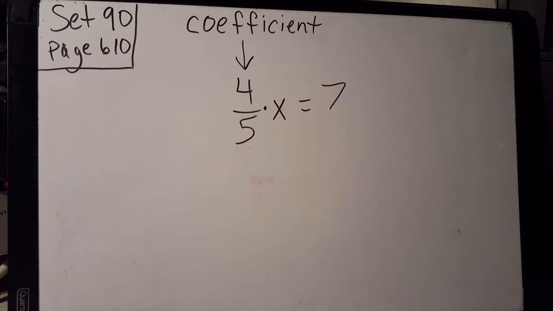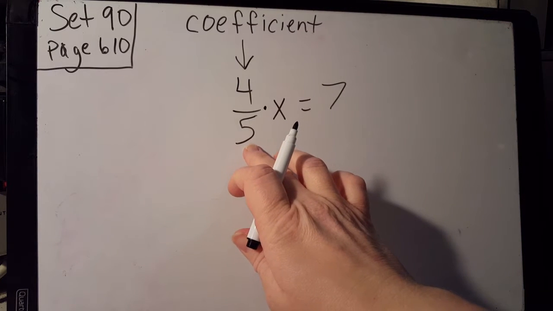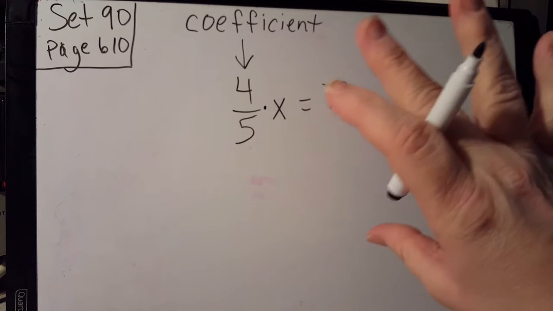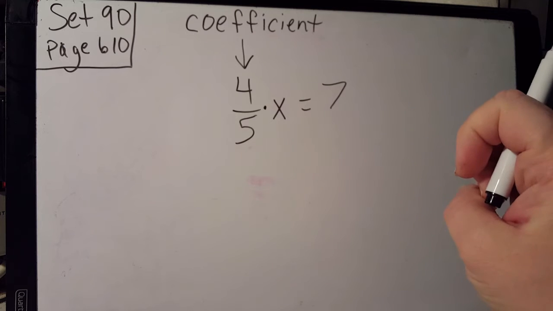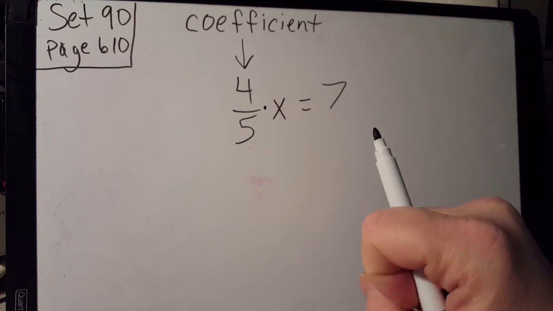And the way we work these problems is we find the reciprocal of the coefficient. The reciprocal means when you flip it. If it's a whole number, you turn it into an improper fraction and flip that. If it were a decimal number, we would handle it a little bit differently.